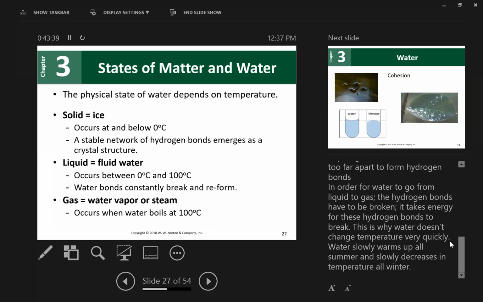I want you to think about how water plays a very important role throughout our seasons. So we want water to slowly warm up in the summer and then slowly decrease in temperature during the winter time, so that the animals, us included, are able to adapt to those changing cycles.